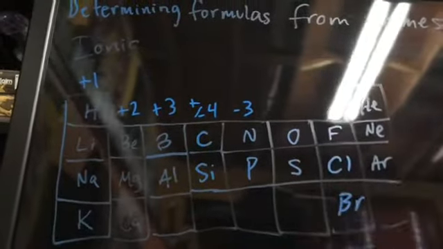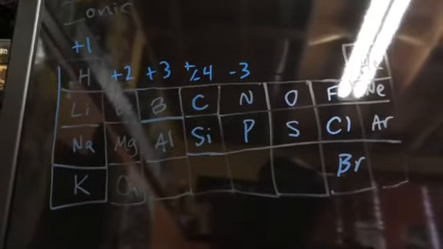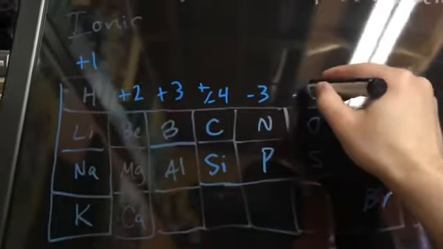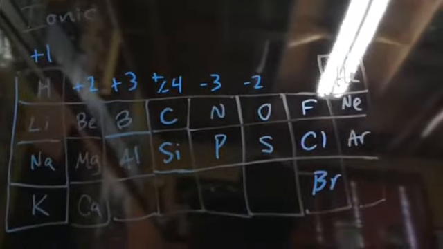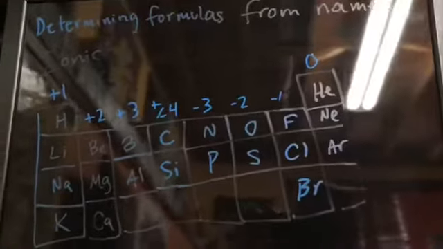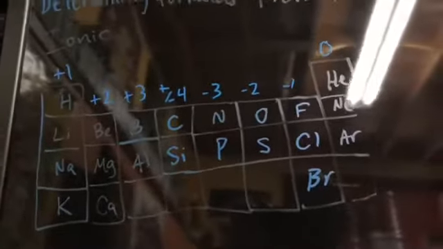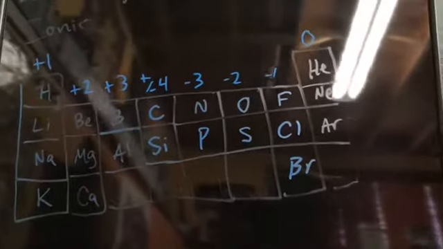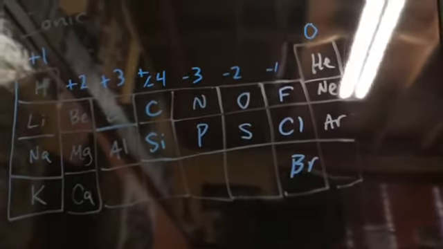These ones here, they have 6 valence electrons, so they need to gain 2 more, which would give them a charge of -2. These ones here, they only need 1 valence electron, so they would have a charge of -1. And then the noble gases on the right side, they don't play any role in ionic bonding. I just wrote these ones here to complete the table. But yes, they would have a charge of 0.